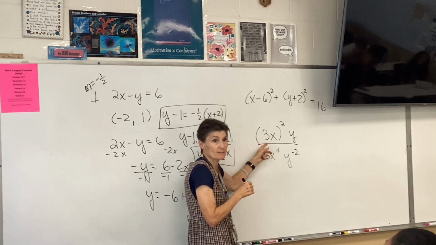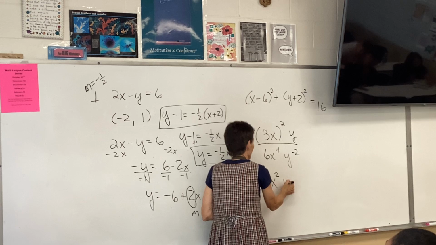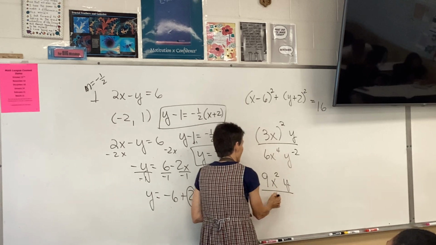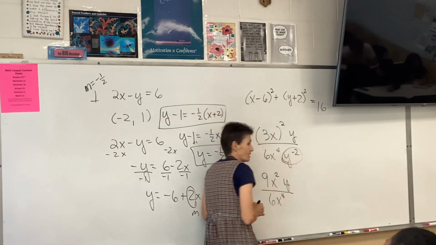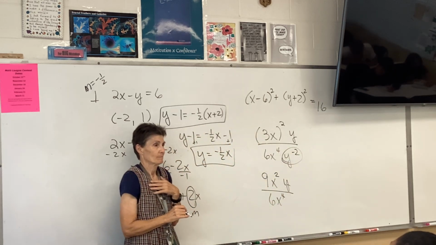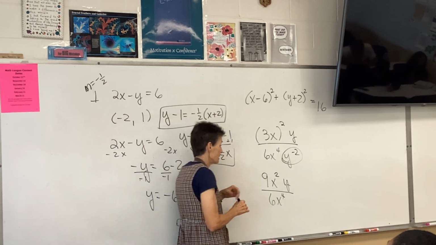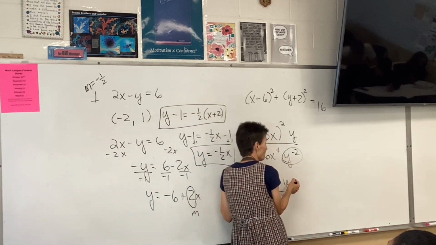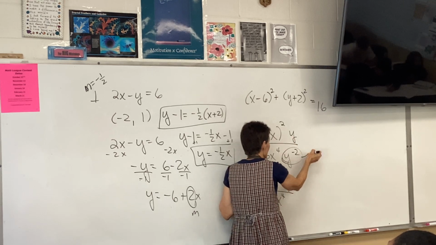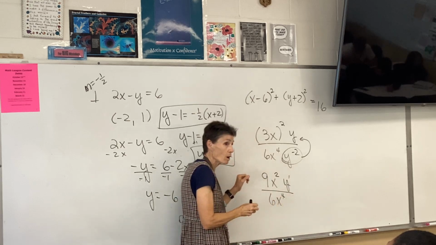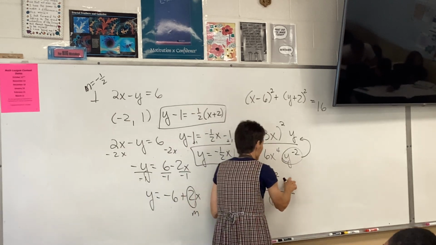PEMDAS, parentheses. So we'll square that out and get 9x squared y. And then while we're at it, what about this? That's gonna go to the top. Now, when it goes to the top, remember there's already 1 up there, right? So now I'm bringing up 2 more. So now I'll have 3 on the top.